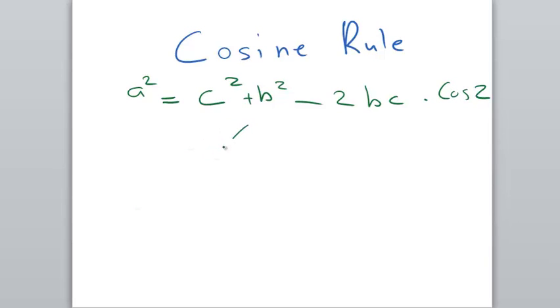So let's draw our triangle to understand it further. So this is our triangle. Let's say this is A, B, and C, and this is angle Z.